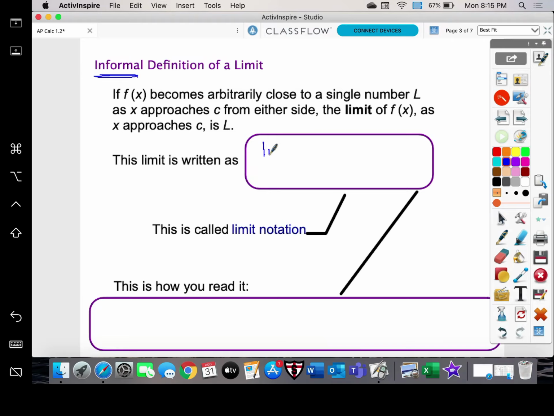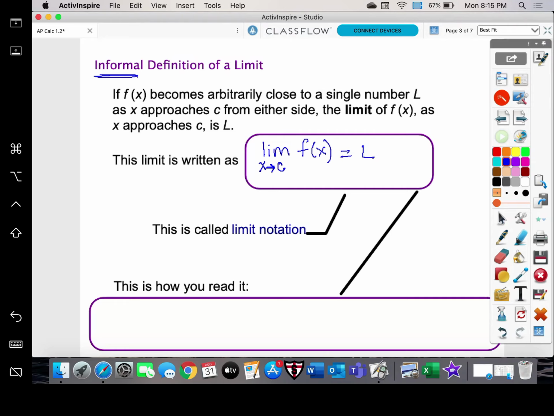So here's your notation. Limit is abbreviated LIM, and it's of the function f of x, and as x approaches c is a little subscript underneath the limit. We say x approaches c, and then equals L. So that's your limit notation.